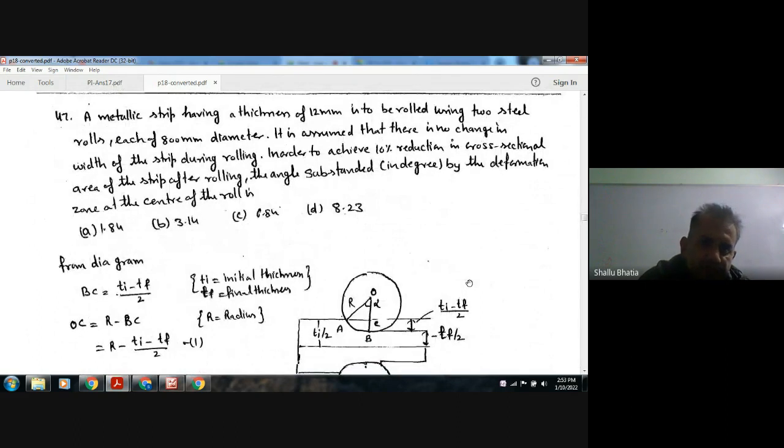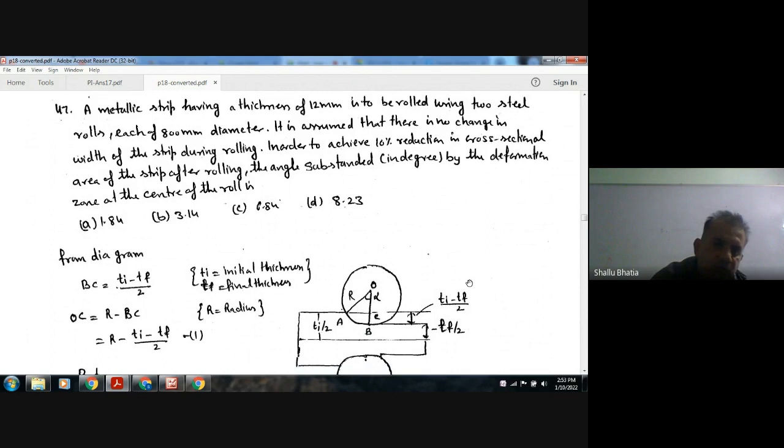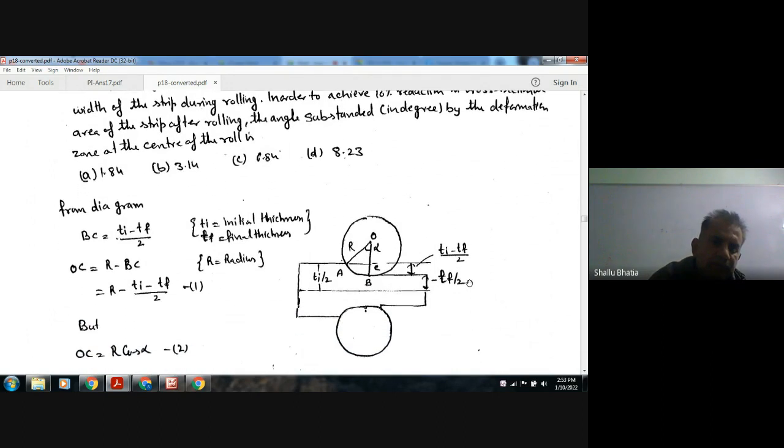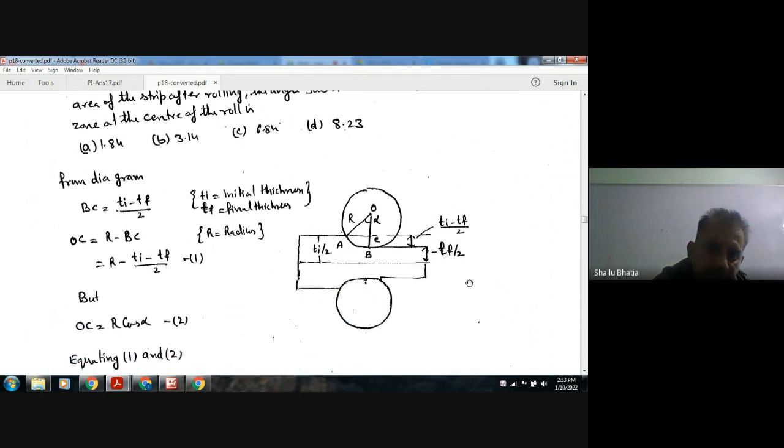A metallic strip having a thickness of 12 mm is to be rolled using two steel rolls, each of 800 mm diameter. It is assumed that there is no change in width of the strip during rolling. In order to achieve 10% reduction in cross-sectional area of the strip after rolling, the angle subtended in degrees by the deformation zone at the center of the roll is: option A 1.84, option B 3.14, option C 6.84, option D 8.43.